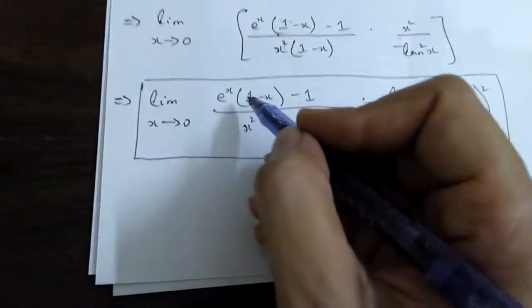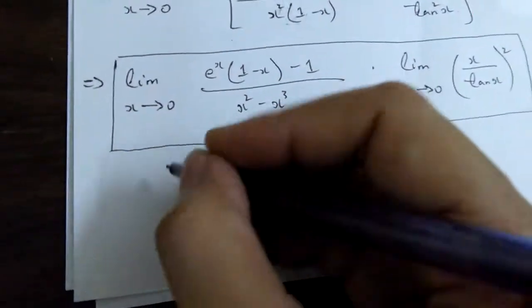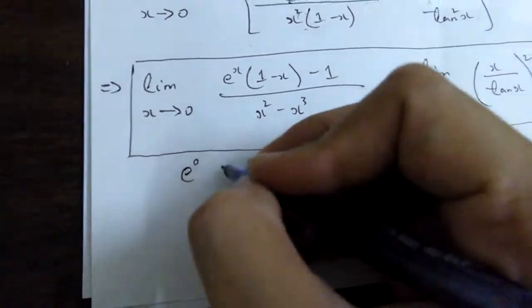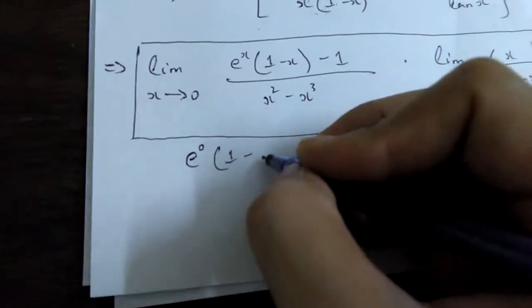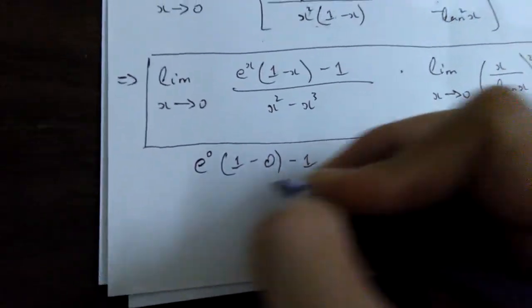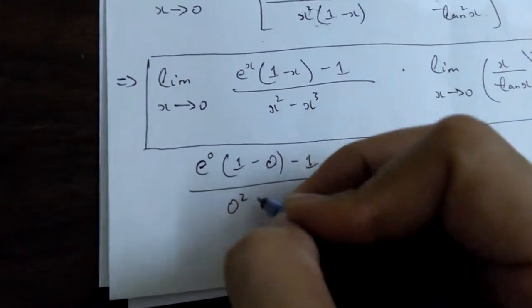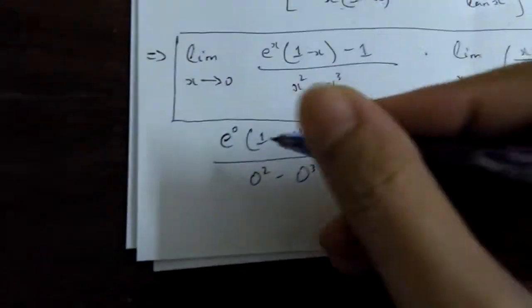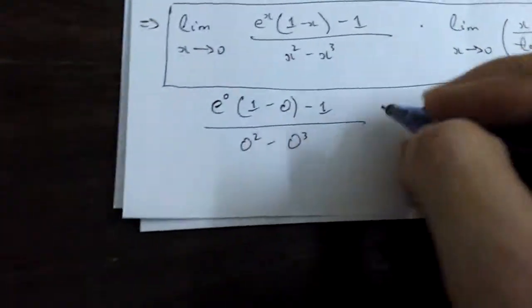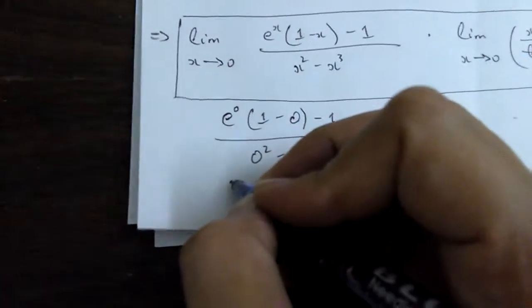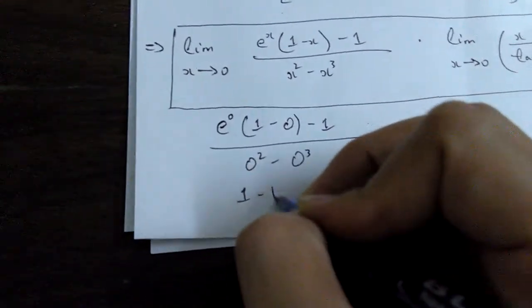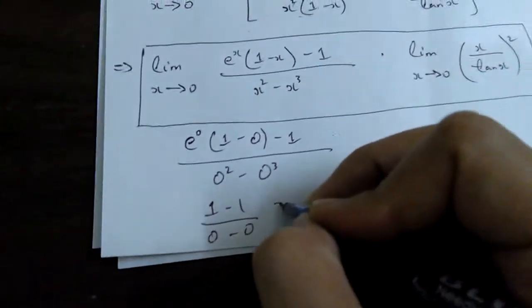So once I apply my limit here, you see the indeterminate form exists. Wherever I'm having my x, I just put my 0 there. Okay, so it's going to be 1 minus 1 upon 0 minus 0, so it is 0 upon 0.